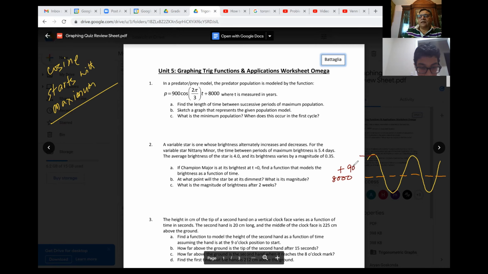When you add 900 to this, what do you get? You get 8,900. And when you subtract this, you get the minimum, right? So you have to go down 900 this time. So what do you get? 7,100. So that becomes your minimum.